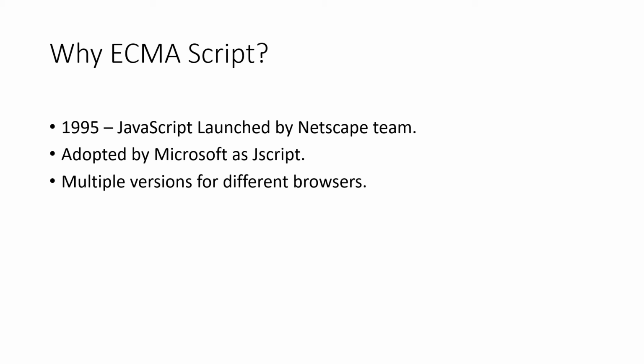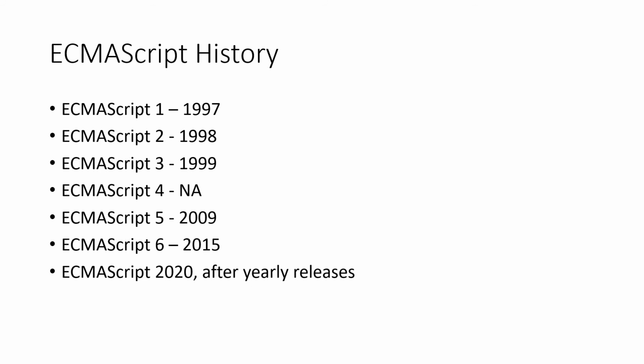Let's see the history of ECMAScript. Soon after its foundation, the ECMAScript 1 language spec was released in 1997. After that, ECMAScript 2 was released in 1998, and after that ECMAScript 3 was released in 1999.